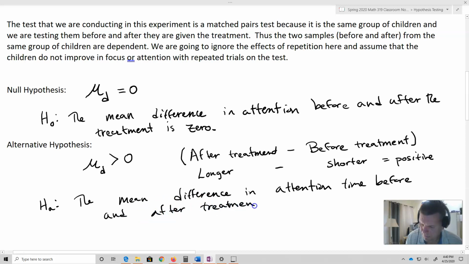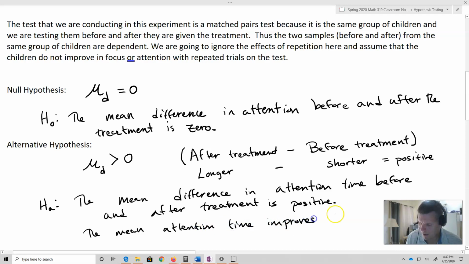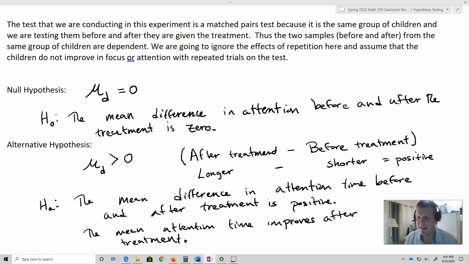My bad, it's greater than 0. Or we can say the mean attention time improves after treatment. Basically what we're saying is that the treatment allows students to pay attention more.